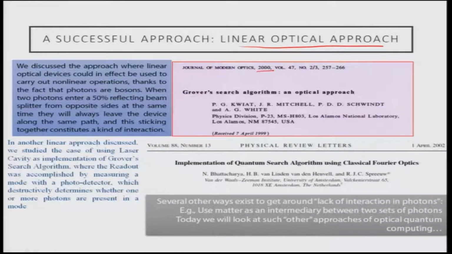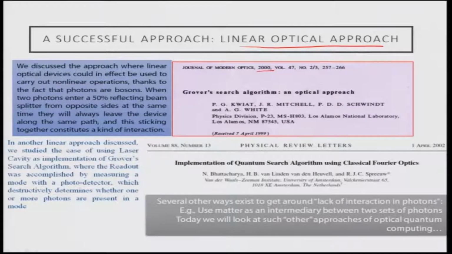In another linear approach we discussed, a laser cavity was used as an implementation of Grover's search algorithm, where the readout was accomplished by measuring a mode with a photodetector, which destructively determined whether one or more photons were present in a given mode. This was shown in 2002 using classical Fourier optics.